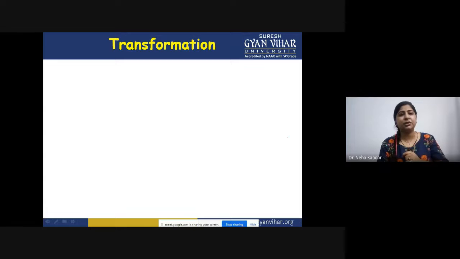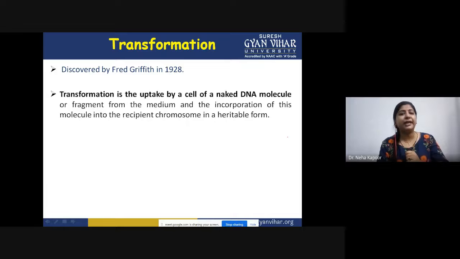Next, the genetic recombination mechanism is transformation. This process was discovered by a scientist, Fred Griffith, in the year 1928. He performed some experiments on mice, and he reported that transformation is the process by which the cell can take up a naked DNA molecule or any fragment from the environment, and incorporate that molecule into the recipient chromosome in a heritable form.